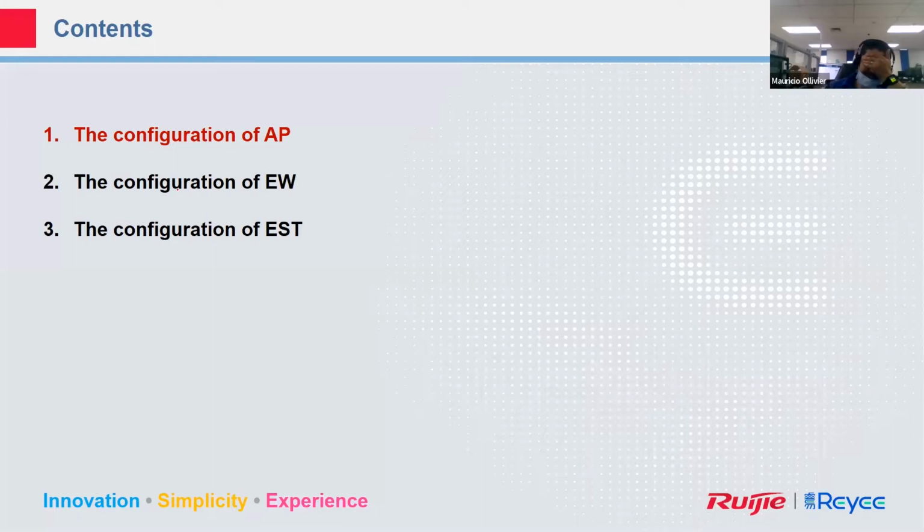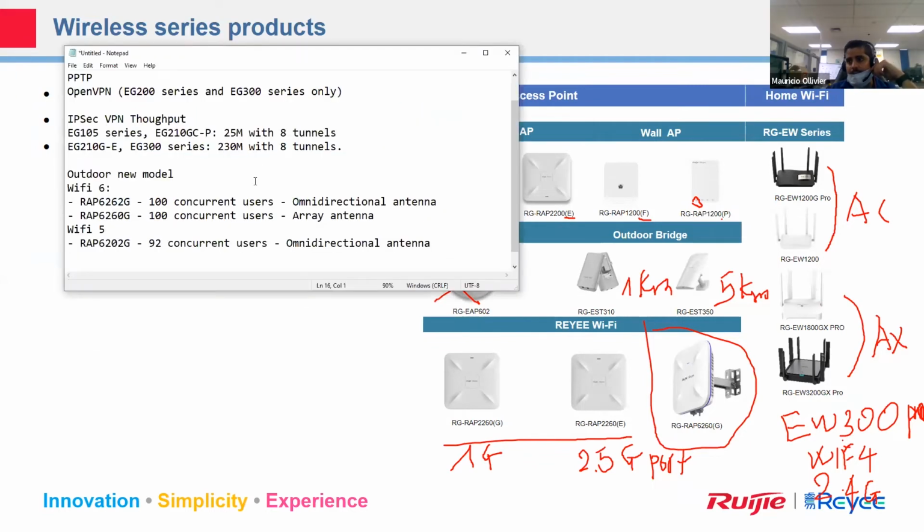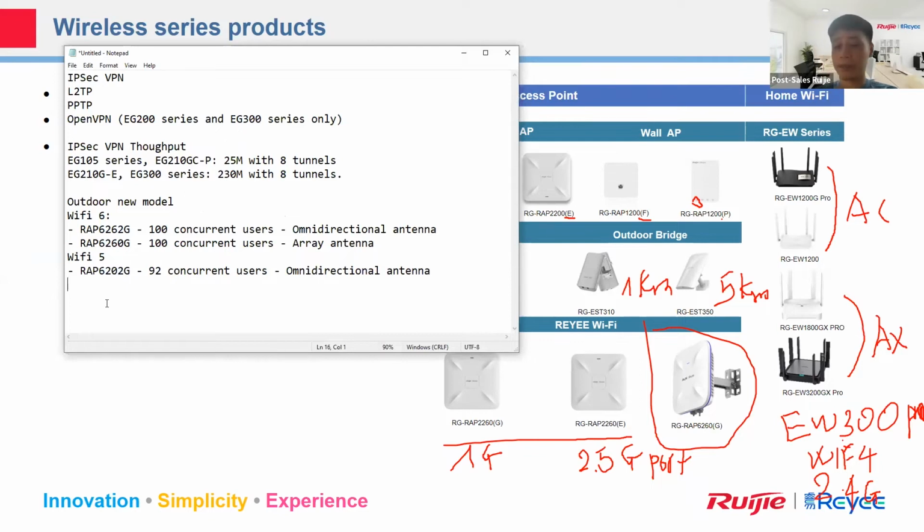I have a question. Can we do mesh between the access point and home Wi-Fi? No, we can mesh between home Wi-Fi and home Wi-Fi, and access point with access point. Okay, so between access point and home Wi-Fi, we cannot do a mesh. Yes, mesh is not supported. And can we do L3 roaming? Also no. Okay, no roaming.